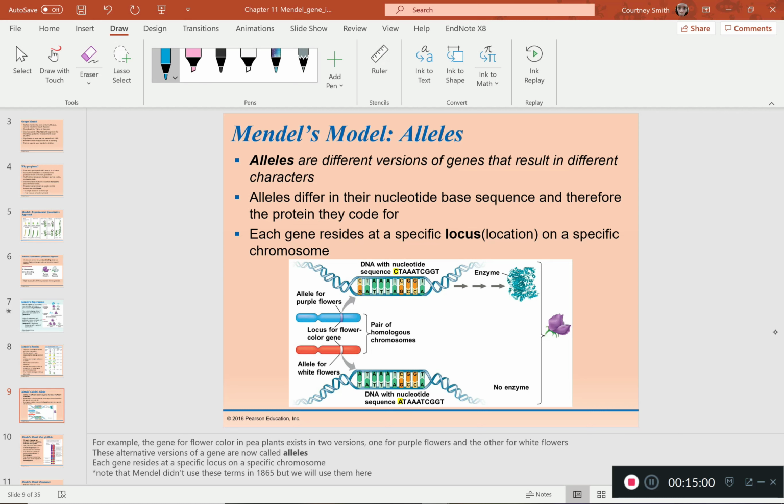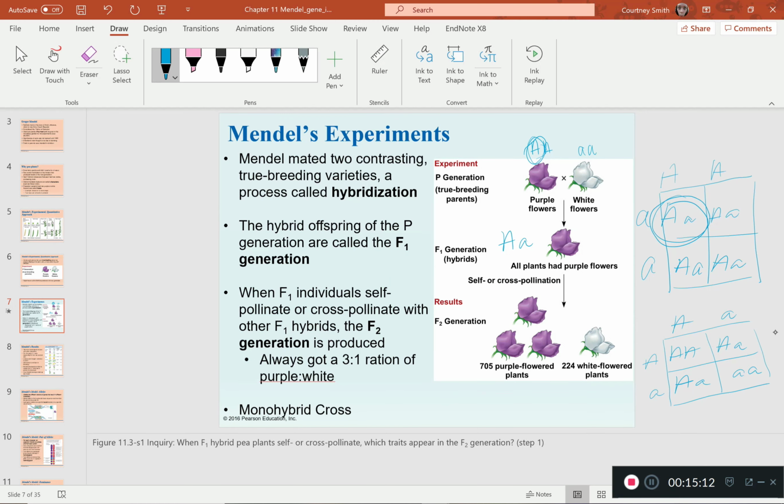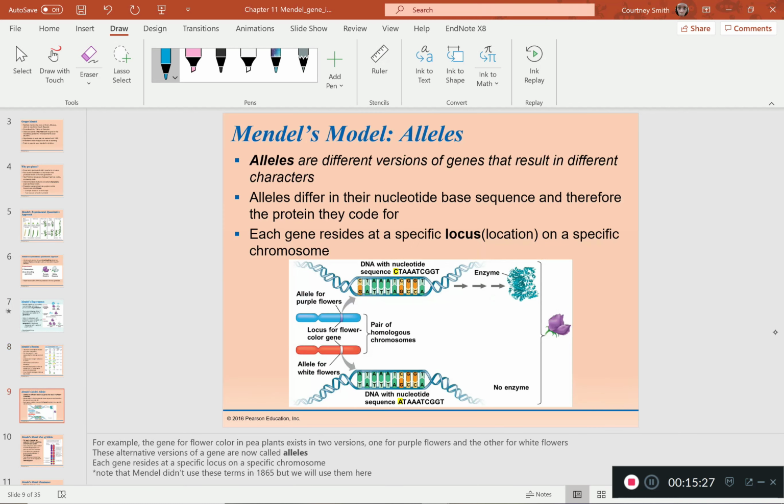And yeah, that's pretty much all I want to say about that. And then of those alleles, one will be dominant, one will be recessive for the most part. Or like what Mendel saw with his pea plants, once in a while you would get a completely recessive, you'll get two recessive alleles. So that is where you get the uncommon trait as compared to the dominant trait. So that's the first concept.